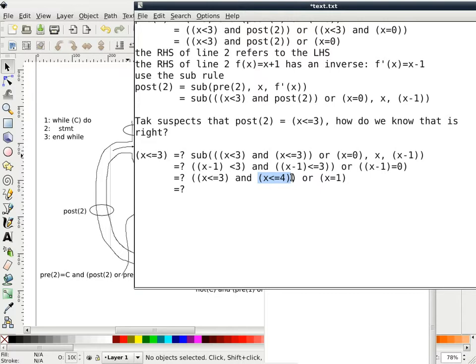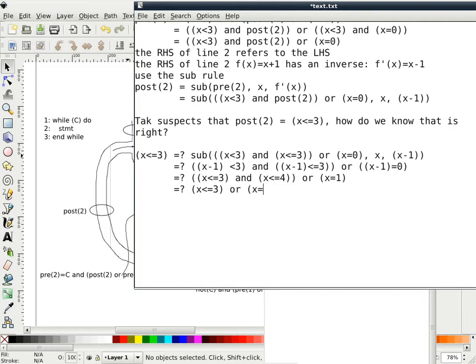Which one is more specific? x is less than or equal to 3 is more specific because it doesn't cover the case when x equals 4, right? This is a conjunction. We keep the more specific one. So that means this entire thing simplifies to x is less than or equal to 3.